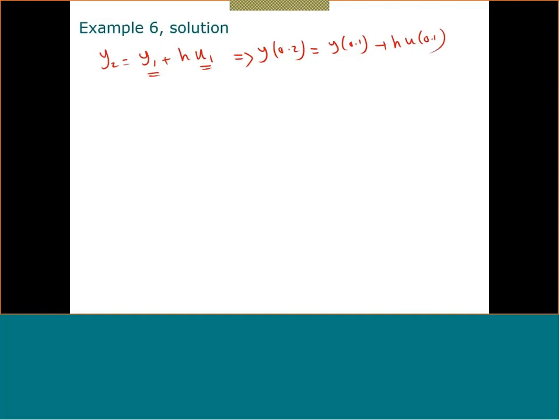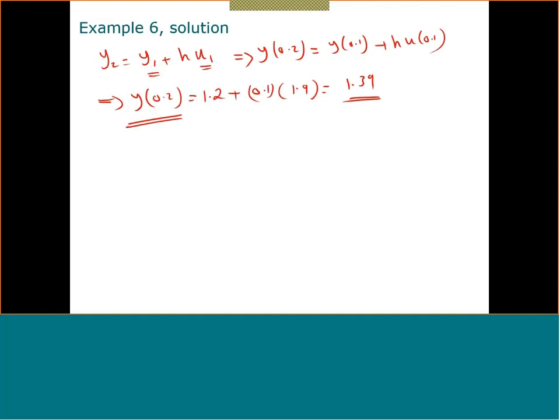So y at 0.2 is equal to 1.2 plus 0.1 times 1.9, and this is equal to 1.39. So if the objective is to find only y at 0.2, I'm done. I finished.